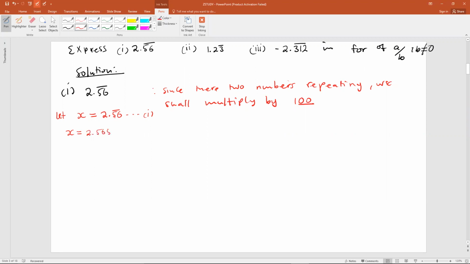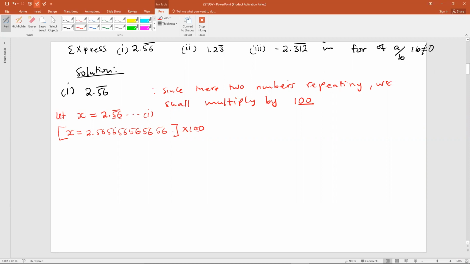2.56, 56, 56, 56, 56, 56, and so on. So this is what you have as your first equation. Now we're saying you multiply this expression by 100. Why by 100? Because there are two numbers under the bar, and it means there are two numbers repeating.